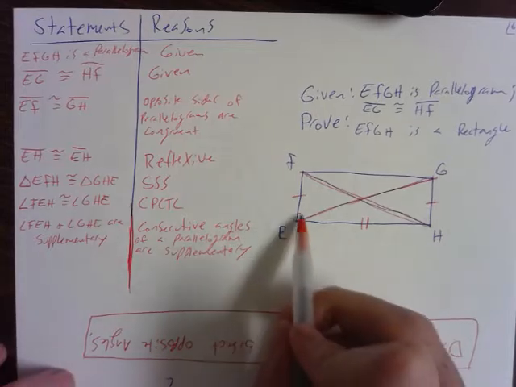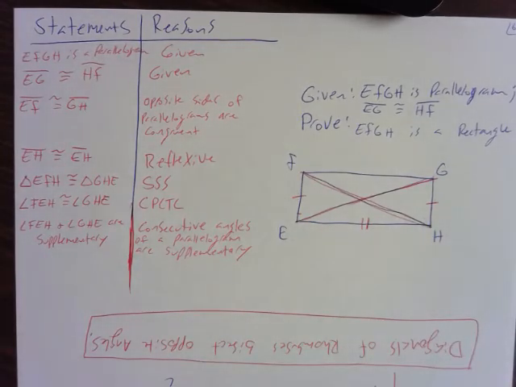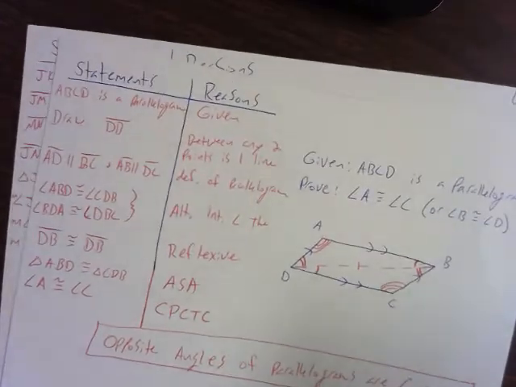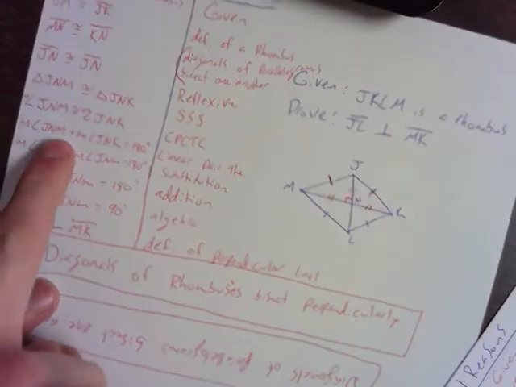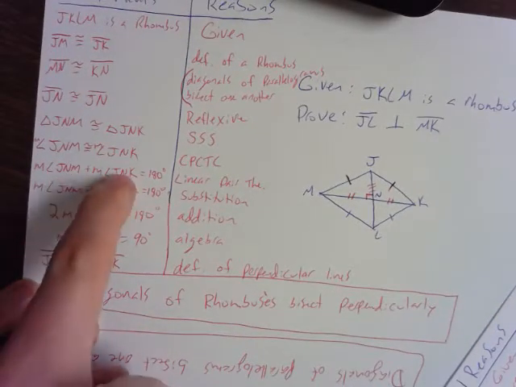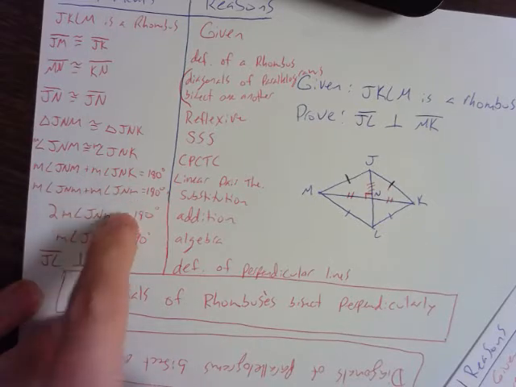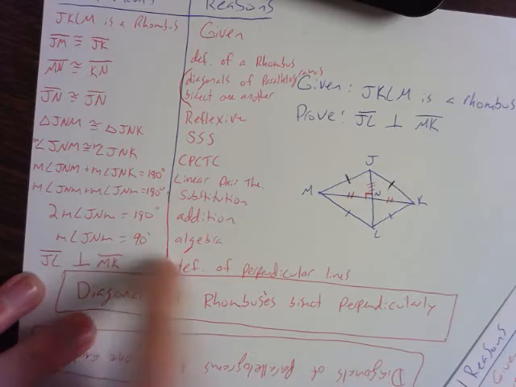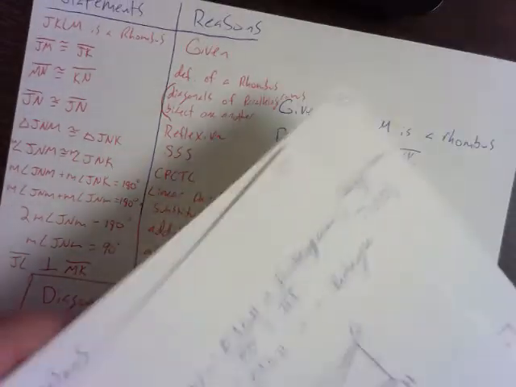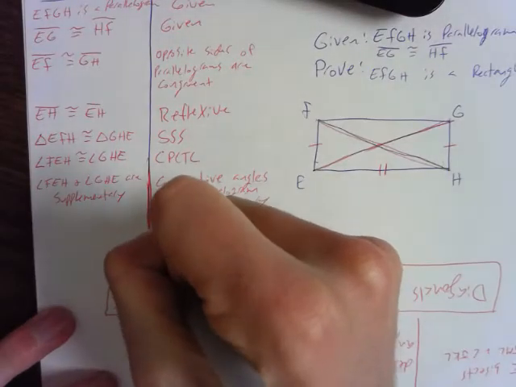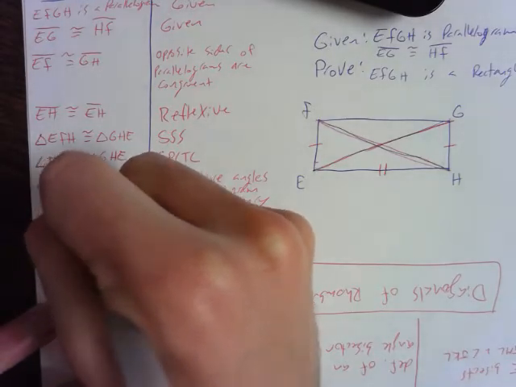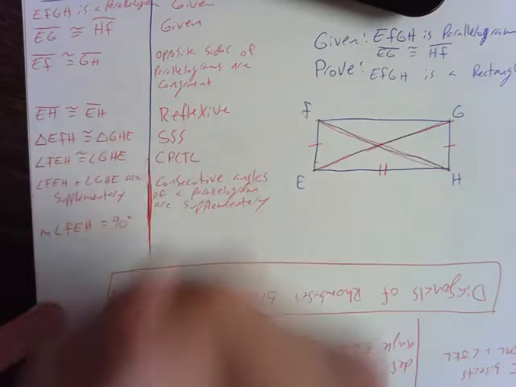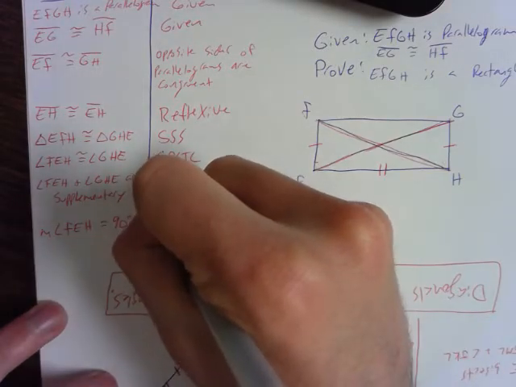Okay, now I know that these two angles are the same, and we've already done a step of this proof, and let's see if I can find it here. It's really long. Okay, over here. So I had that my two angles were supplementary, and so I did some substitution, I did some addition, and then some algebra to prove that it was a right angle. So instead of doing all of that, I've already proven it in that one proof, but now I can also write that the measure of angle FEH equals 90 degrees because congruent, that means they're the same, remember?